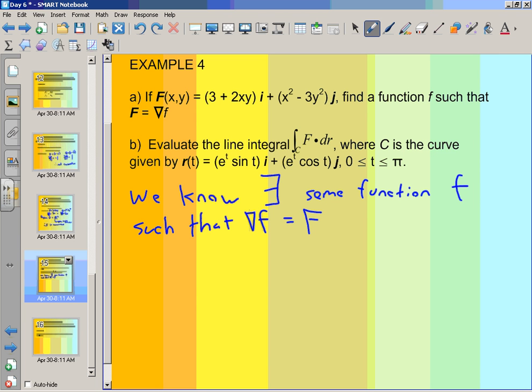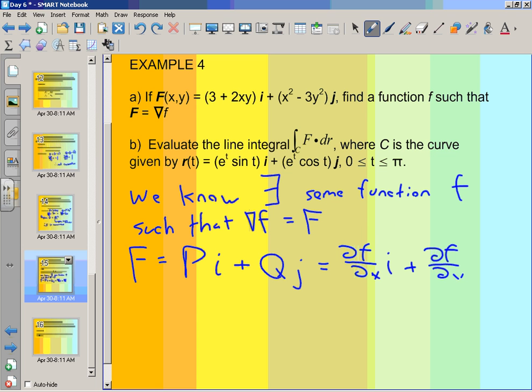And we actually already got a hint on how to do this. Remember, we had that equation where F equals Pi plus Qj, and it also equals the partial of f with respect to x i plus the partial with respect to y j, because it's just a gradient.